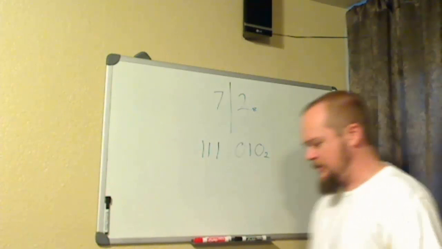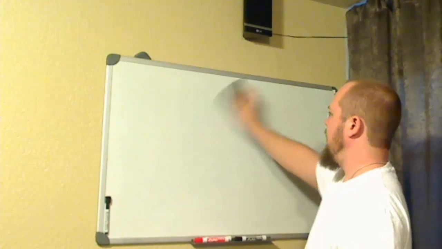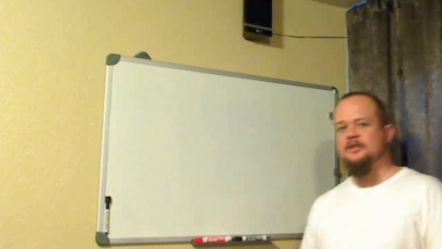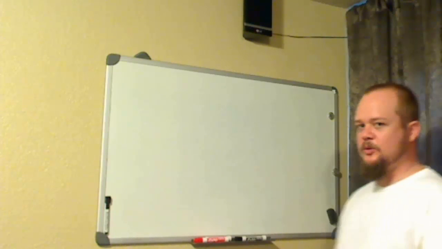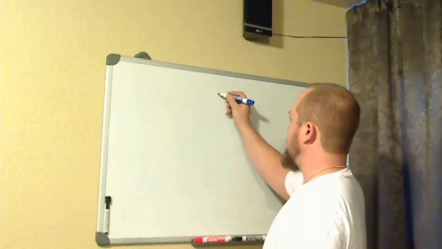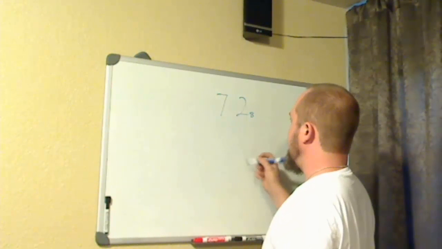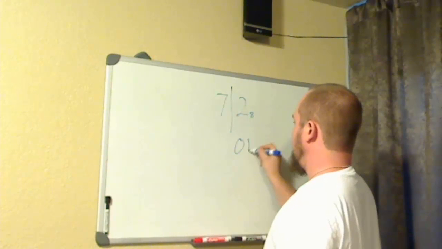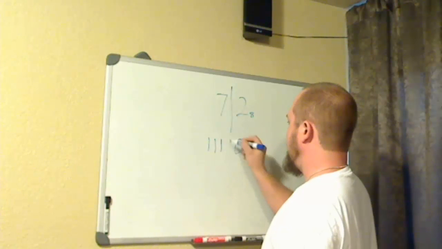Now to convert between octal to hexadecimal, the easiest way to do it is to convert them by using binary, what we just did. Now let's go ahead, I'll run you through an example. Let's take octal 72, base 8, and like we just did, 0, 1, 0, and 7 is a 1, 1, 1.